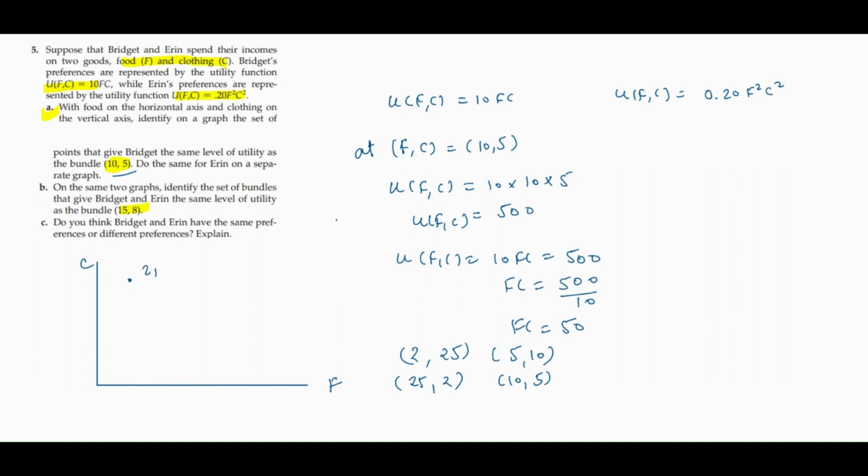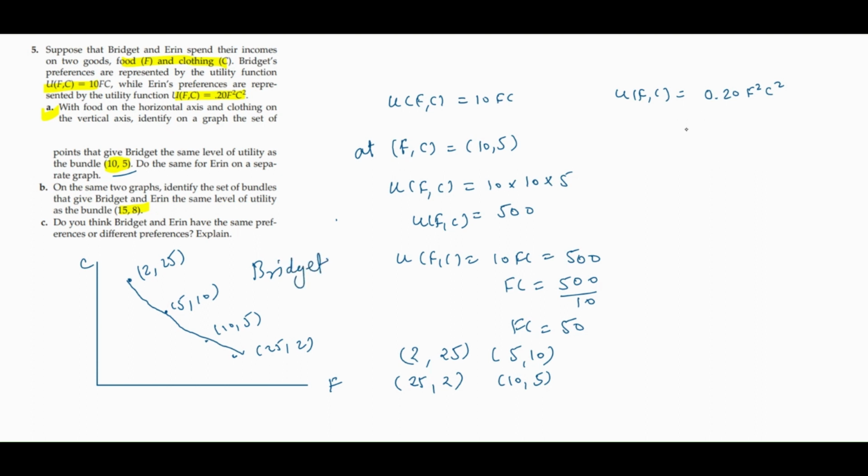This represents 2 food and 25 clothing. Again, draw the next point: 5 food, 10 clothing, so it should be here. Next would be 10 food and 5 clothing, and 25 food and 2 clothing. So these are the four points, and this is the utility curve for Bridget.